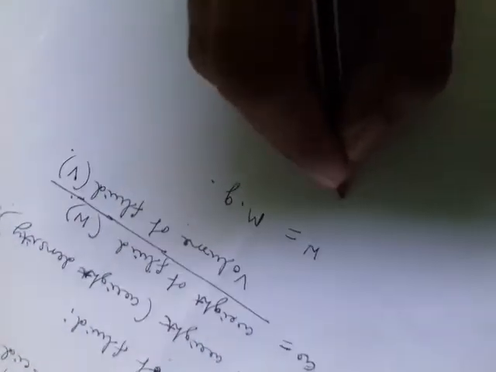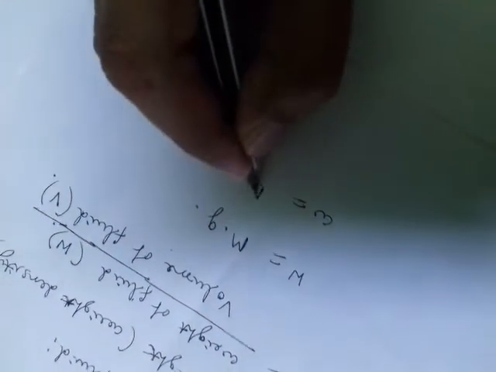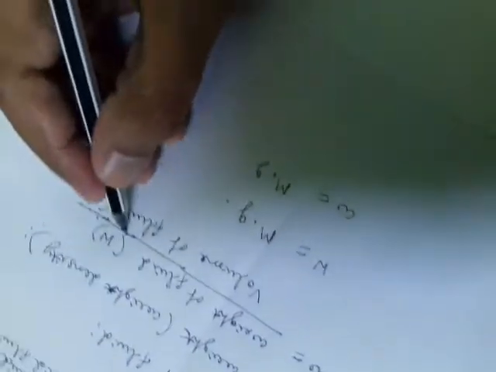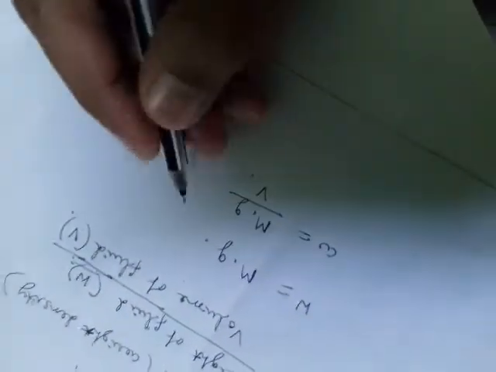Actually W equal to m into g. So we can write small w equal to m into g by V.